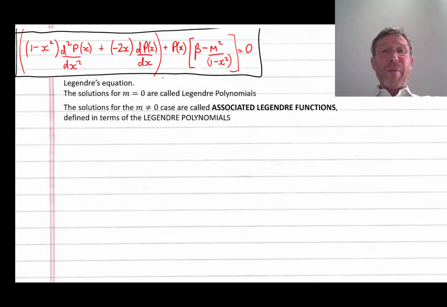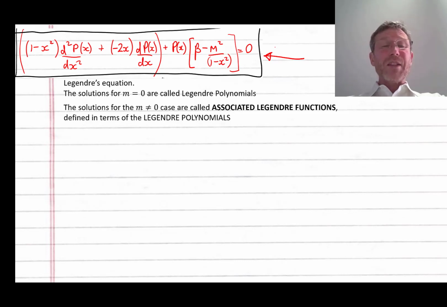Also, just remembering from the last lecture, here's our Legendre's equation. We developed Legendre's equation from the differential equation for the theta term from our separation of variables for the Schrödinger equation.